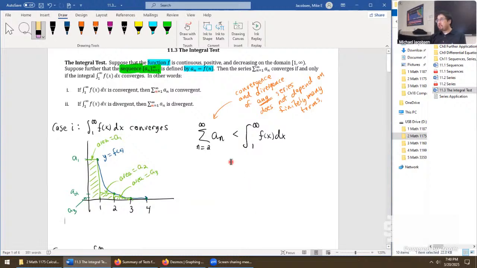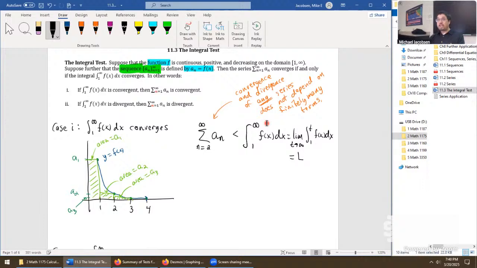But this is already kind of the magic of the integral test. Something that we're trying to determine convergence or divergence on with infinitely many terms is bounded. It's bounded by an improper integral right here, and that improper integral is equal to the limit as t goes to infinity of the integral from 1 to t of f(x) dx.